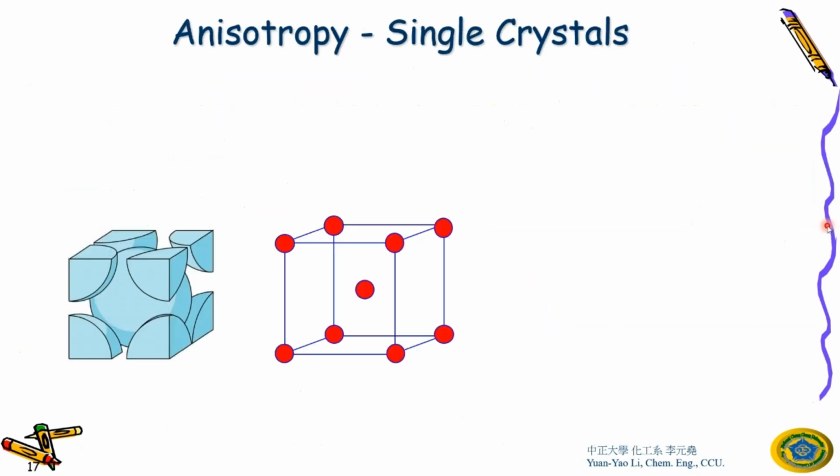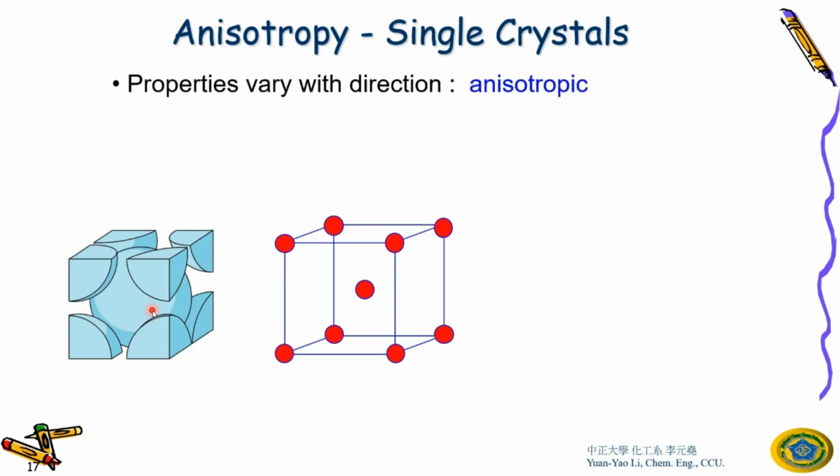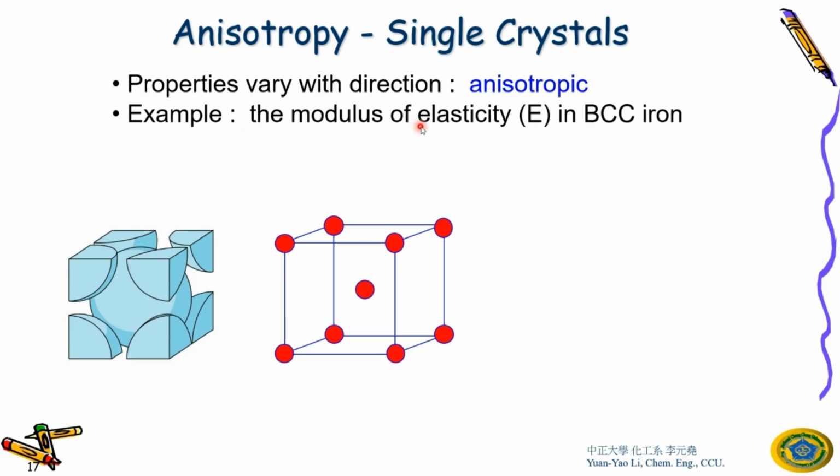Here I give you an example of anisotropy in the case of single crystals. We know this is a BCC structure, body-centered cubic. Properties vary with direction. This is what we call anisotropic. For example, the modulus of elasticity E in BCC iron. Iron atoms are in the form of a BCC structure.